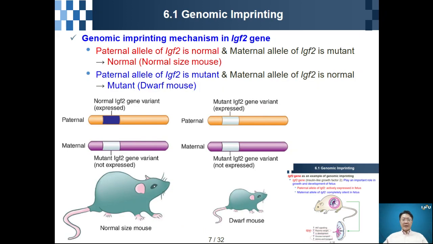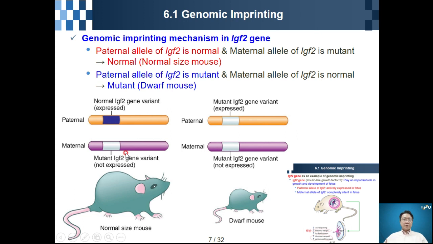In this slide, I will explain one example of the genomic imprinting mechanism in the IGF2 gene. This mouse has two IGF2 genes, one from the father and the other from the mother. The paternal allele of IGF2 is normal, but the maternal allele of IGF2 is a mutant form.